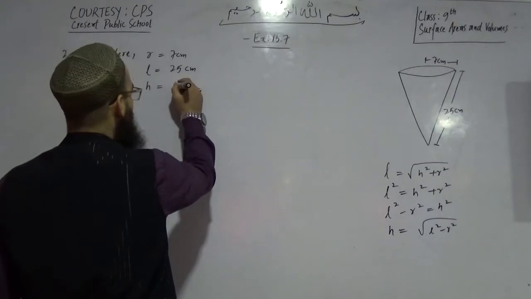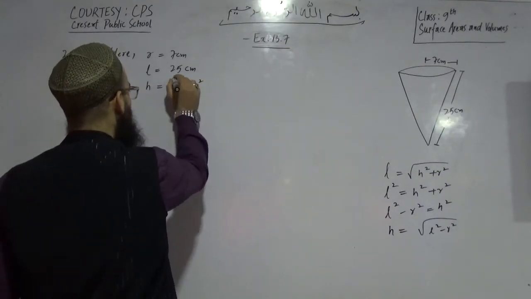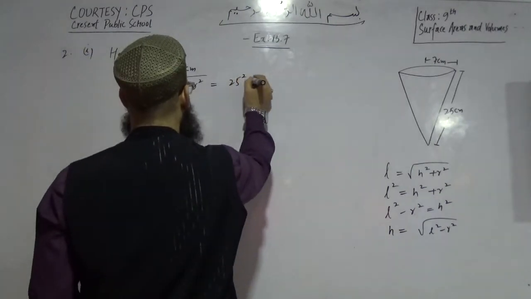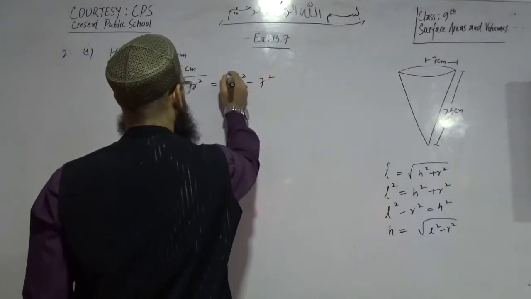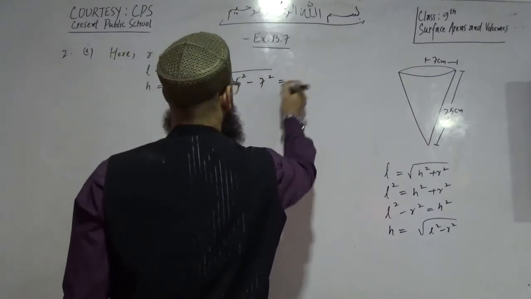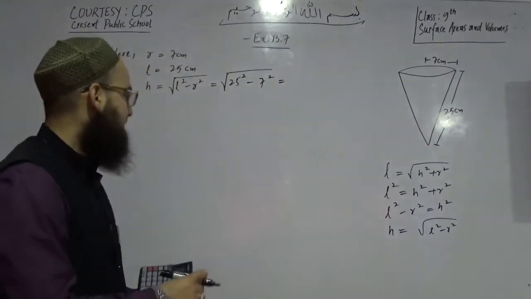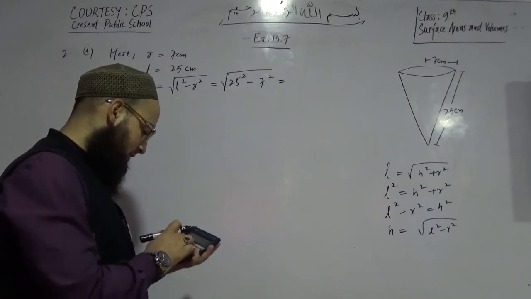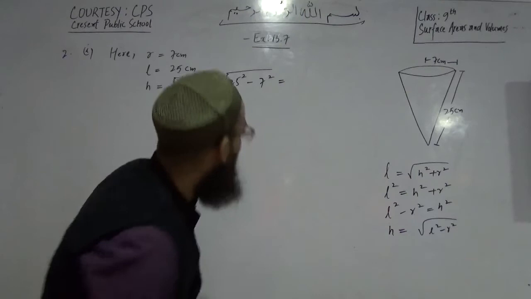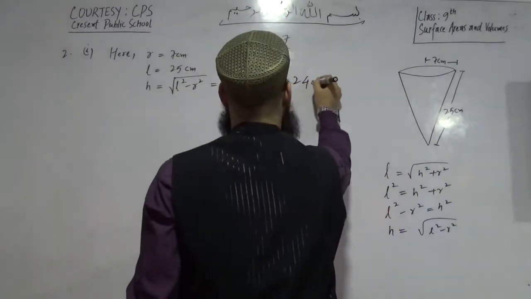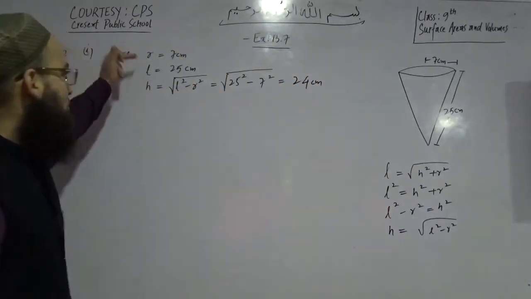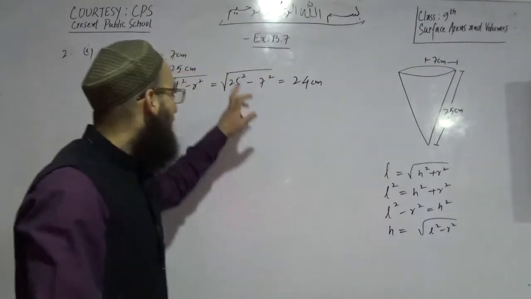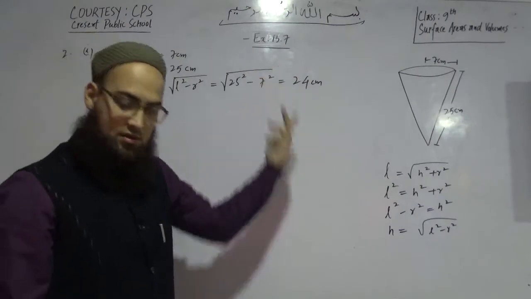Under the radical, L is 25 square minus r is 7 square. Now that is 625 minus 49, 576, that is 24. So this would give you 24 centimeters. Now you have height, you have radius, you can apply the formula for volume 1 by 3 pi r square h. R is given, h is given, so you'll get the volume easily.